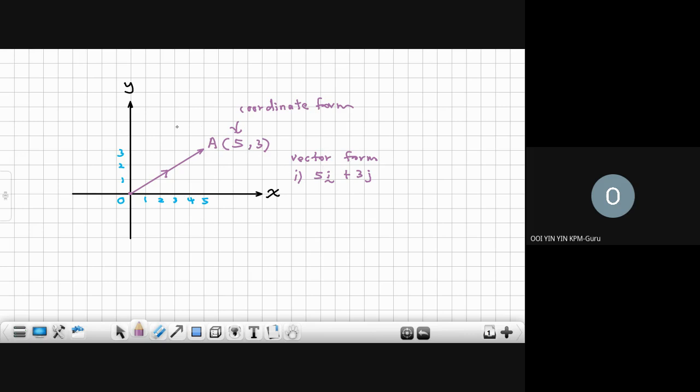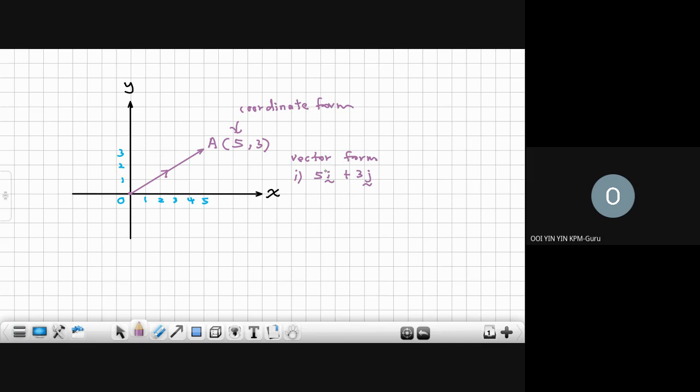So later on, whenever the questions give you a coordinate form, you can always change to this vector form. The x, please write in vector 5i, and then the y coordinate 3, write in vector j. Sorry, I forgot this wavy sign means that it's a vector. You must have this in this chapter.